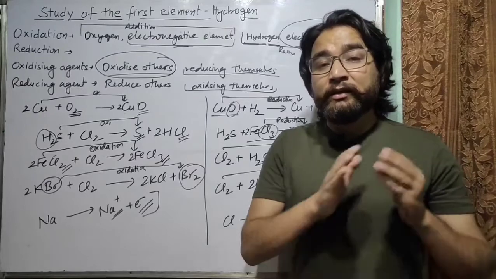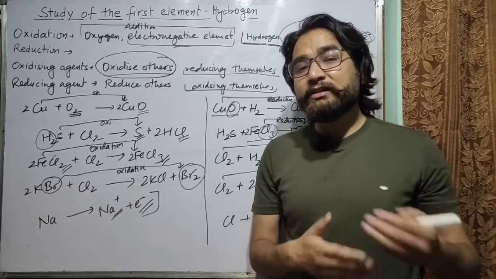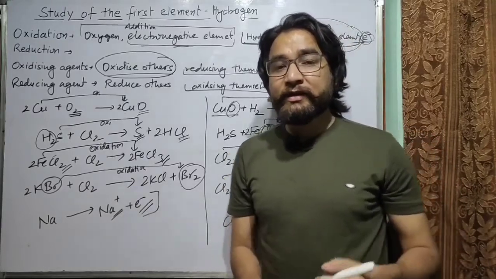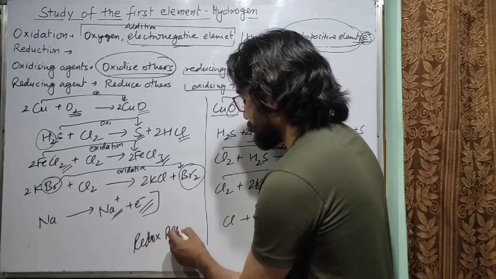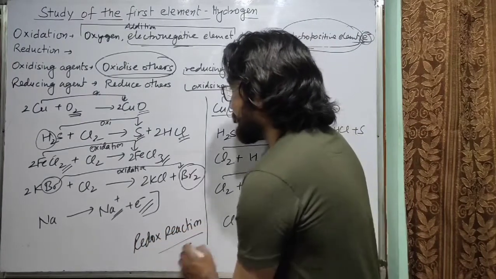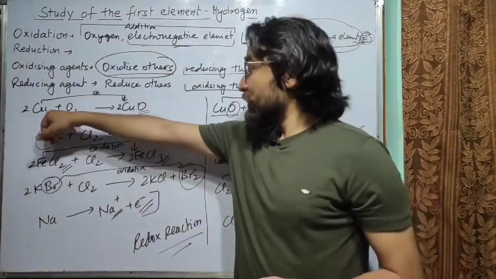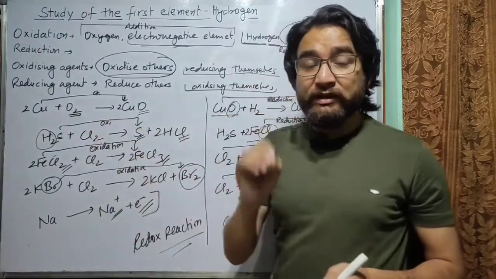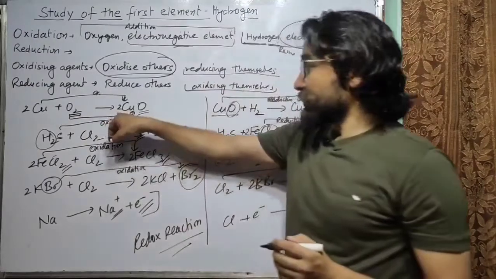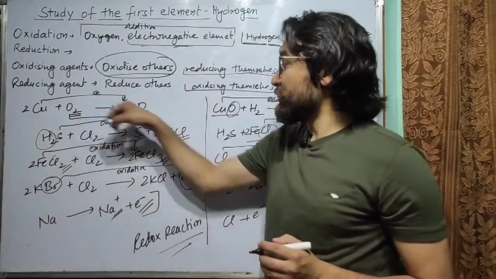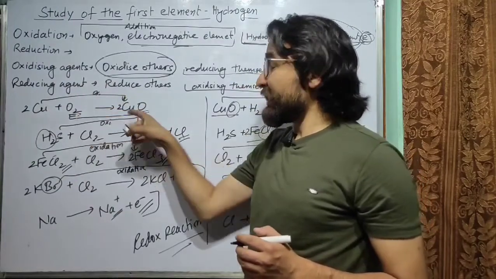So generally in any complete reaction, oxidation and reduction take place simultaneously, and that's why it is known as redox reaction. So let's see, here we are adding oxygen to copper. So oxidation of copper is taking place, but to oxygen we are adding copper.